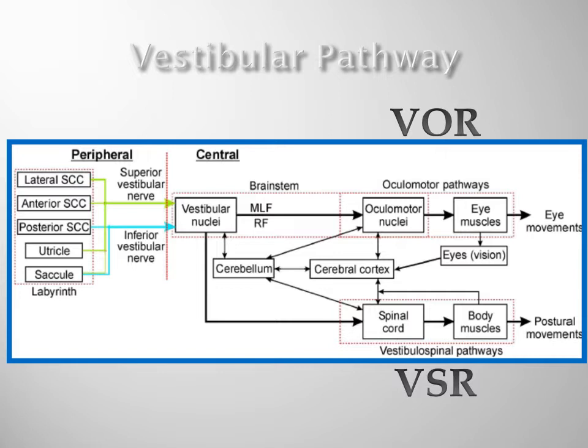and both branches of the vestibular nerve transmit the impulses or the sensation to the vestibular nuclei in the central part, going through the brainstem, through the oculomotor pathway, oculomotor nuclei and eye muscles, finally to control the eye movement.